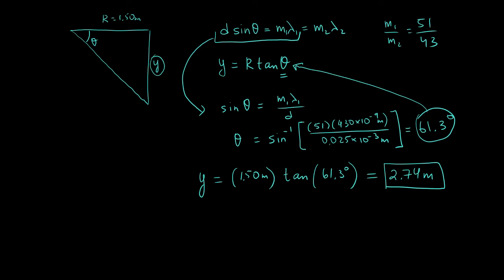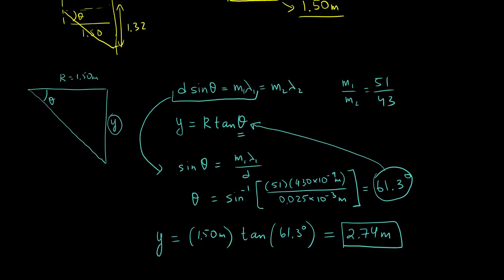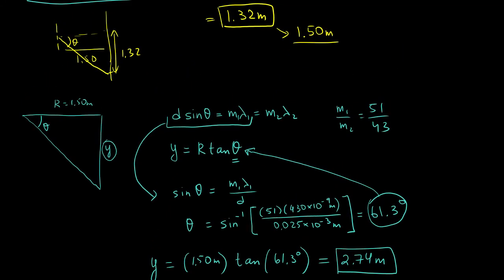Well, that would be the actual position where the two bright bands from different light sources meet, which is actually what we expected. Let's check our previous result, which was 1.32, and 2.74, which is way different. Almost twice further away.